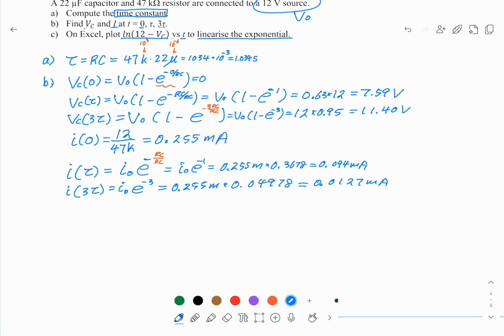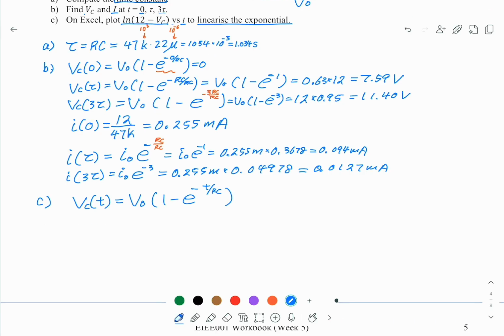So let's just do the linearization part and see what we'll get if we plot this. Okay, see here, we start from this basic equation. The voltage across the capacitor is equal to the DC voltage times 1 minus e to the minus t over RC. And now we do some mathematics.